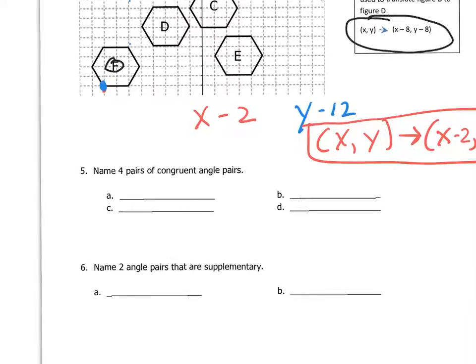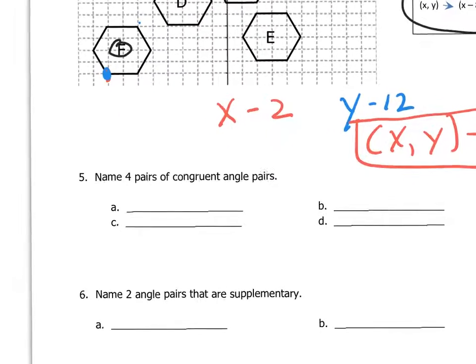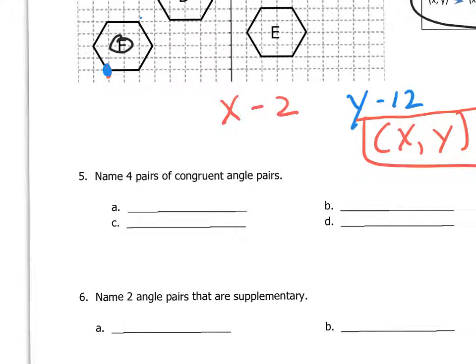Okay, number 5 says name 4 pair of congruent angle pairs, and there's no picture to go along with this, so I'm guessing they're talking about, just in general, what are some kinds of angles that are going to be congruent. So we think there's vertical angles are congruent.